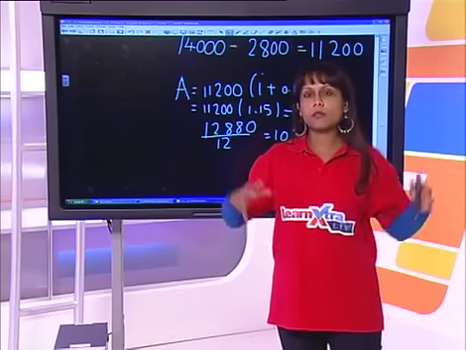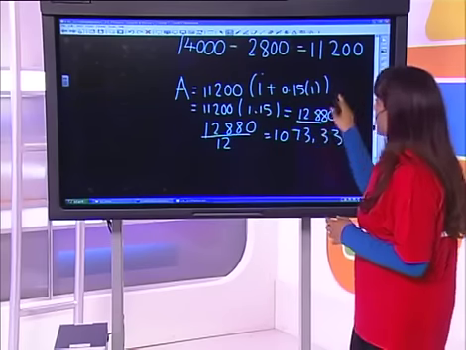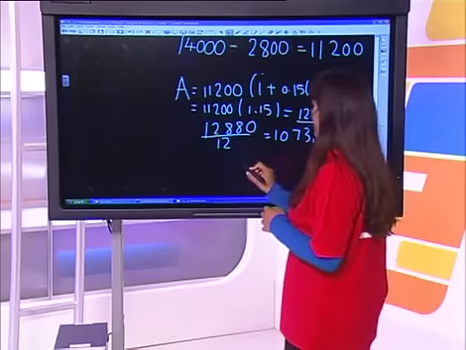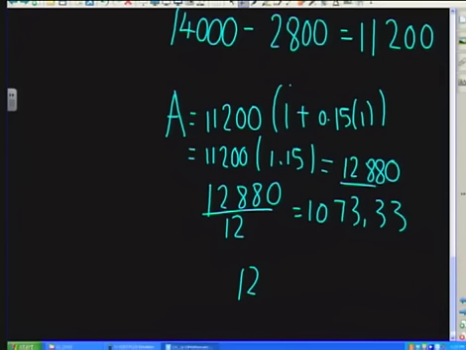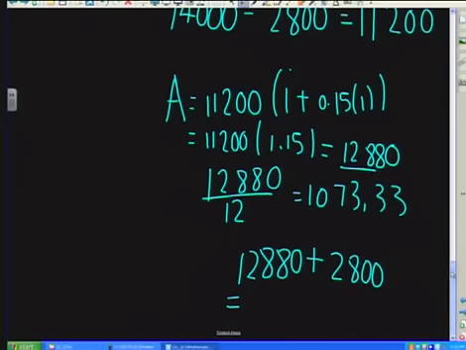So the actual amount that she's going to pay is going to be this 12,880 plus the deposit amount that she paid, which was 2,800, and that will give you the total amount that she's going to pay on this laptop.